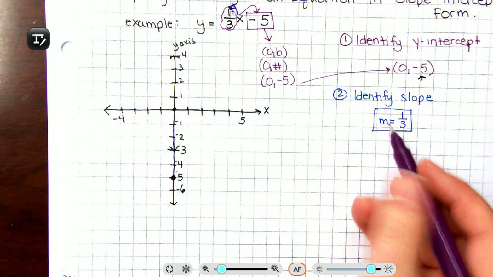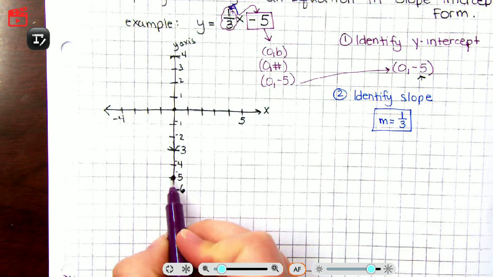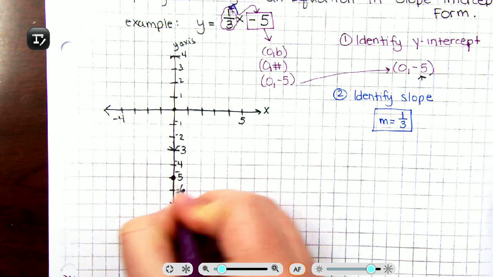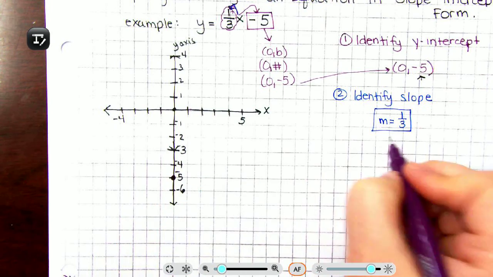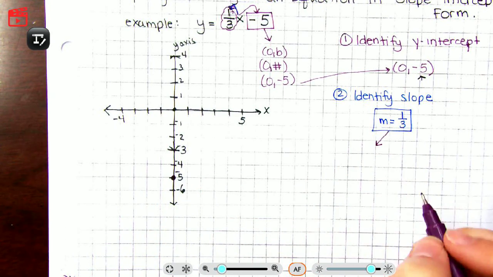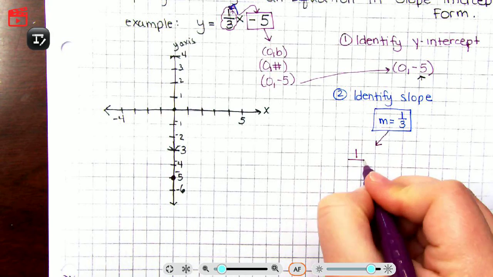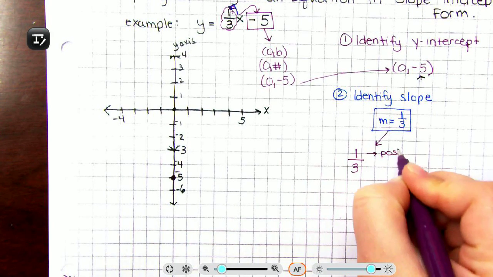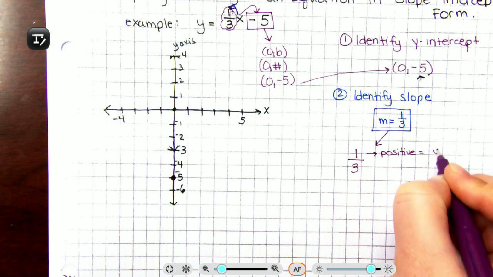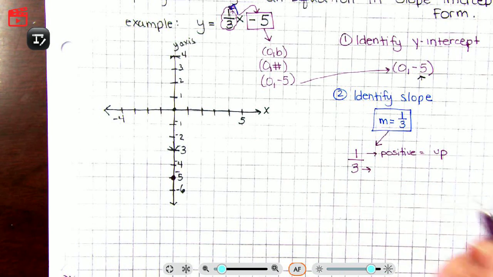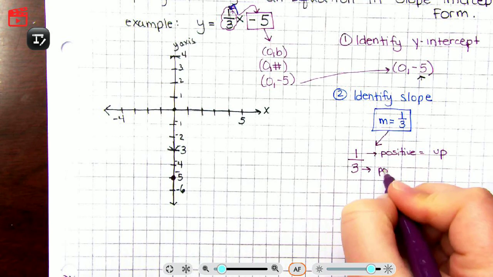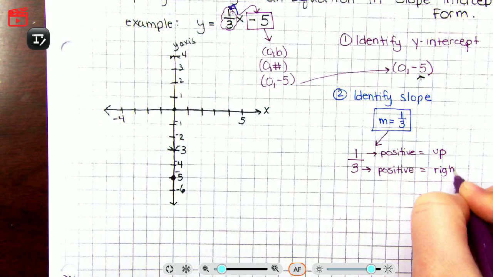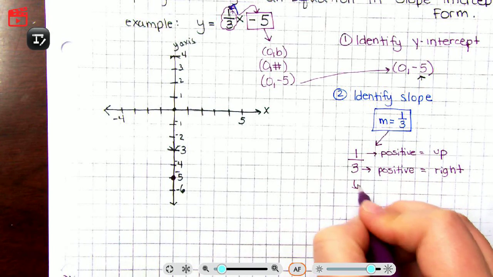Now, using your slope, you're going to put your marker or pencil on -5, and then you're going to interpret what the slope is. So in my case, I have 1/3. So 1 is positive. So that means I go up, and then I look at the bottom number, which is positive, which means right.